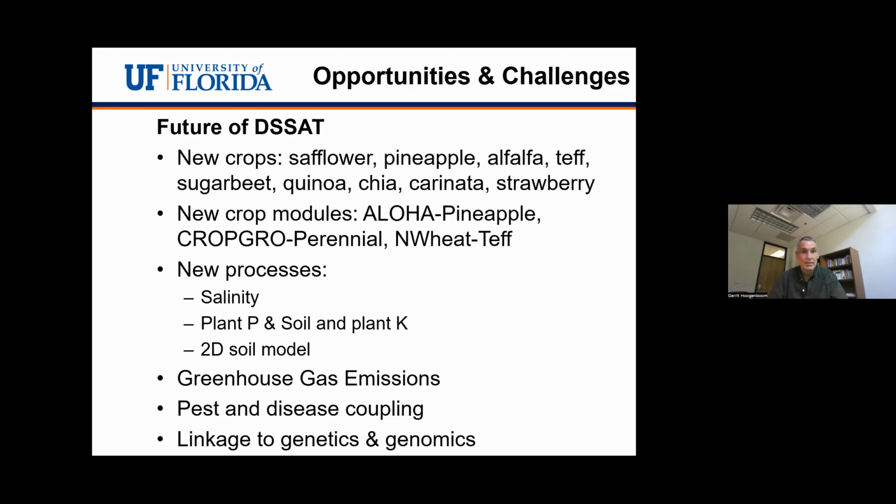We're also looking at potassium, that's in the early stages of development. We're now also looking at predictions of greenhouse gas emissions, although we are still lacking good data for crop model evaluation. We have an in-house version of a 2D model. Again, we're lacking good data for model evaluation as well.